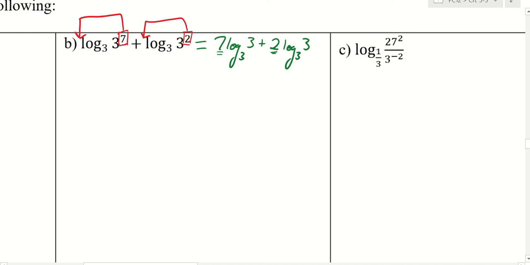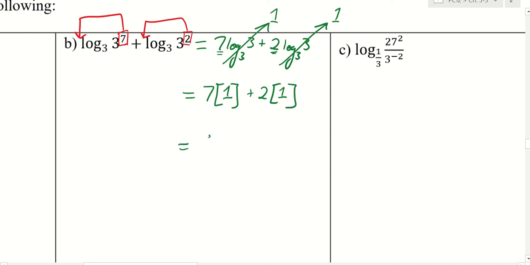Okay, so log base 3 of 3, so 3 raised to what power would be 3? 3 raised to the 1 would be 3. So this is really just 1. So this is really just 2 times 1. Log base 3 of 3 is really just 1. So this is really 7 times 1 plus 2 times 1, which is 9.